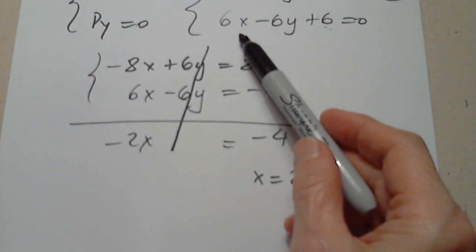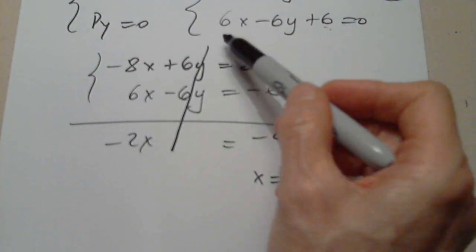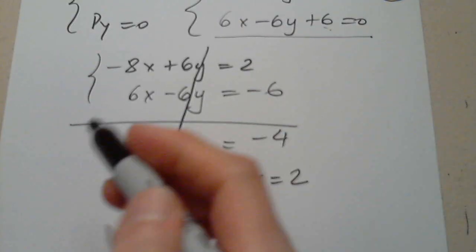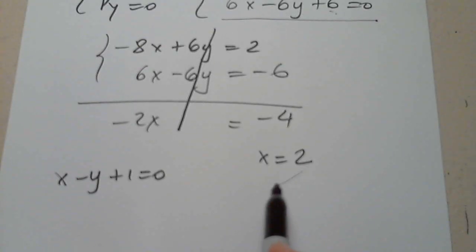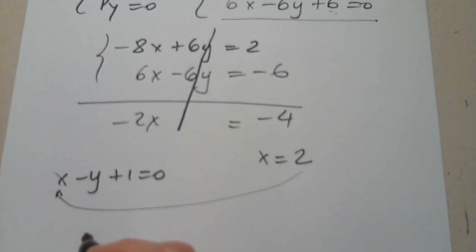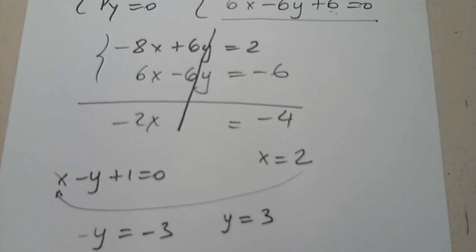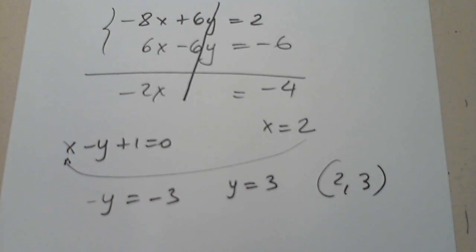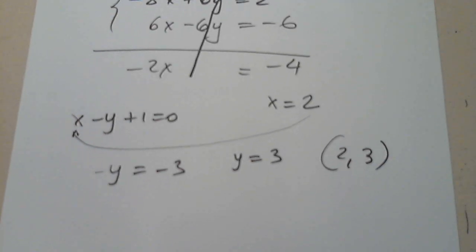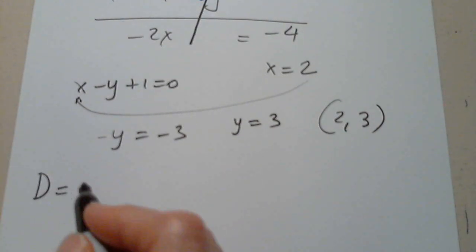Well, let's say we go back here. I can simplify first of all by 6. So I have x minus y plus 1 equals 0. And then I replace x by 2. So negative y equals negative 3, so y equals 3. So I found the critical point.